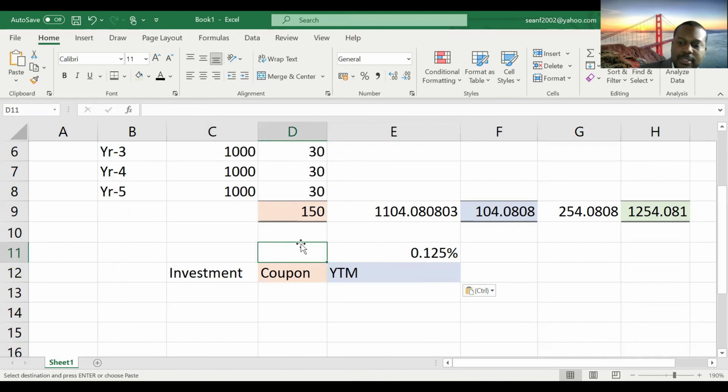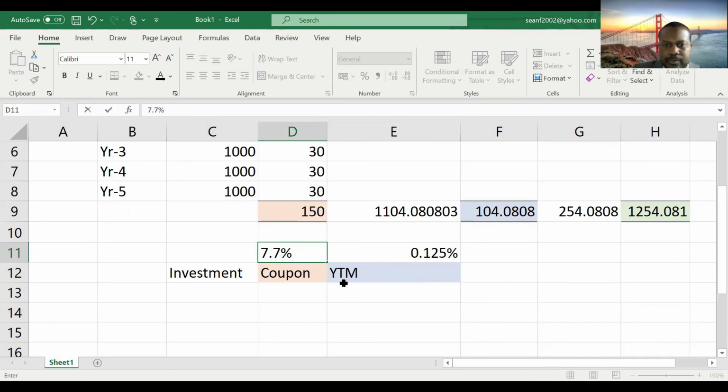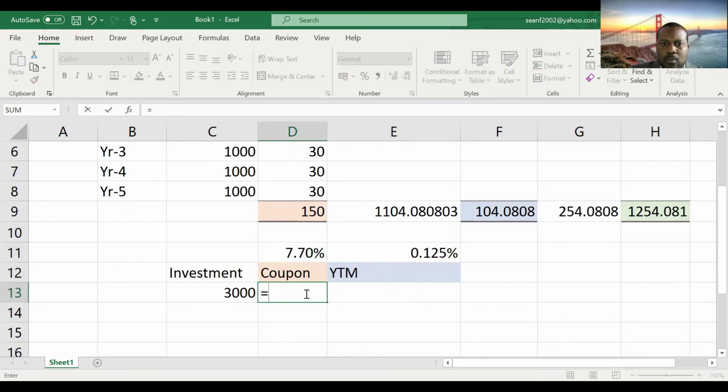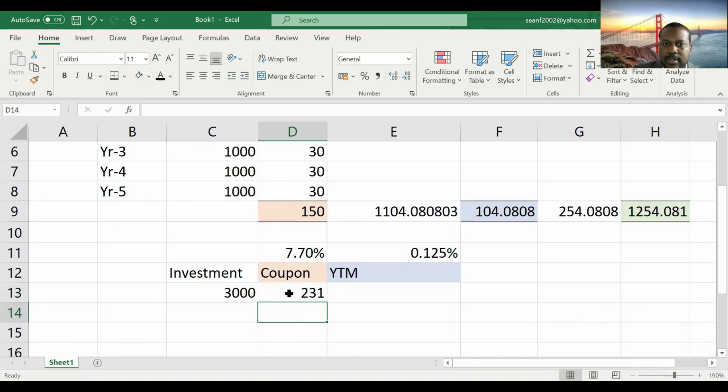and we said the coupon payment is 7.7. The initial investment is 3,000. So this 3,000 multiplied by 0.077 gives us 231.